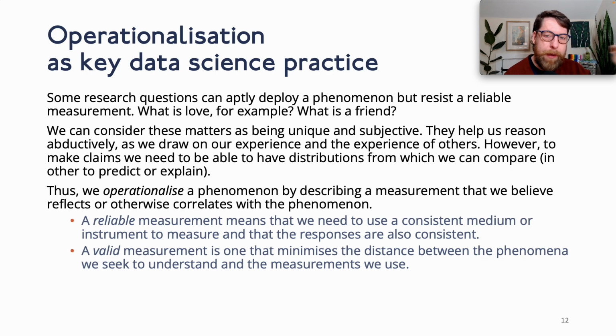We might not be able to ever fully close that gap. Cringe might be just an abstract concept, but we want to close that distance. And the more we close that distance, the more we can say that our measurements are valid, so that we are talking about what we want to talk about when we present people with observations.